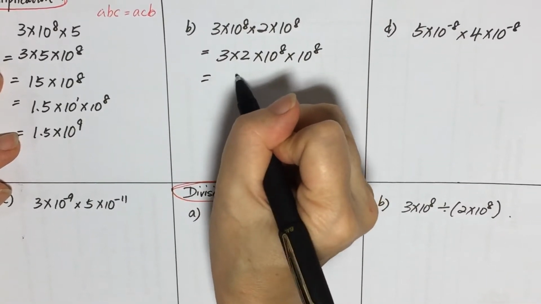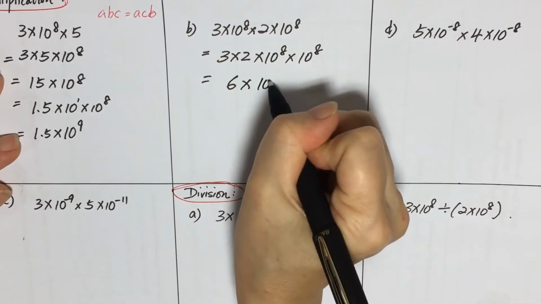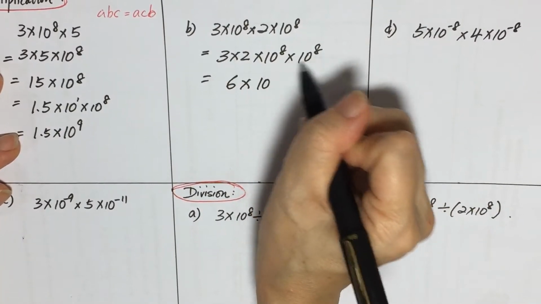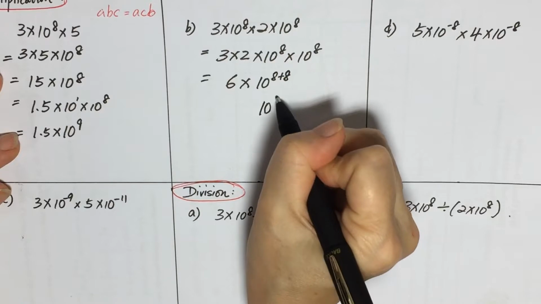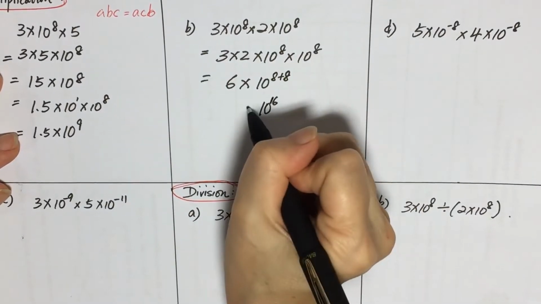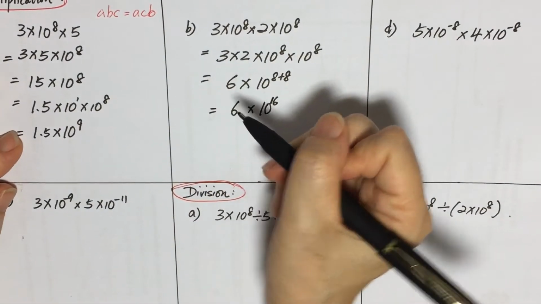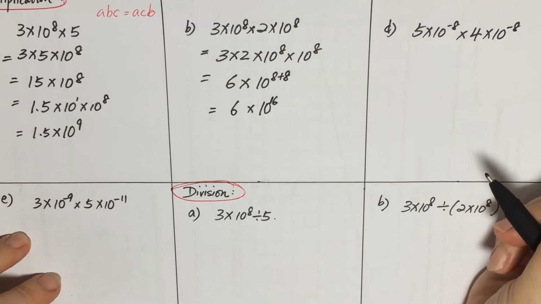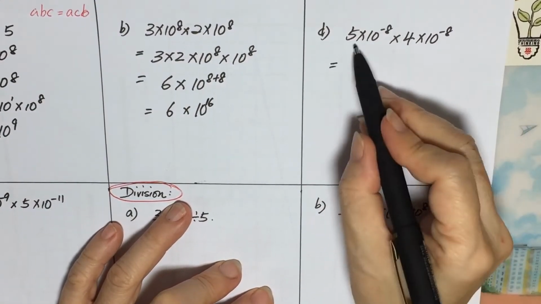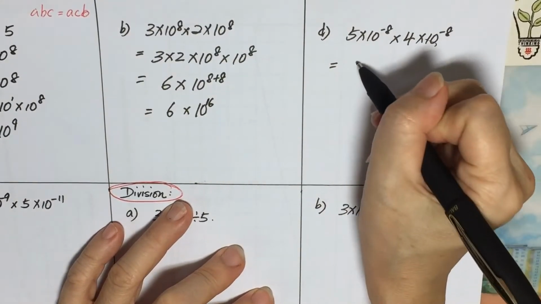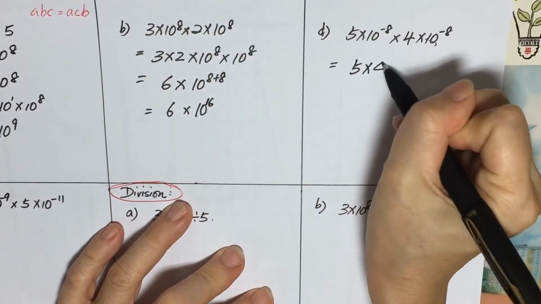So 3 times 2 is 6. 10 to the power of 8 times 10 to the power of 8, the bases are the same, so I just add up the powers, and I'm getting 10 to the power of 16. So it is 6 times 10 to the power of 16.